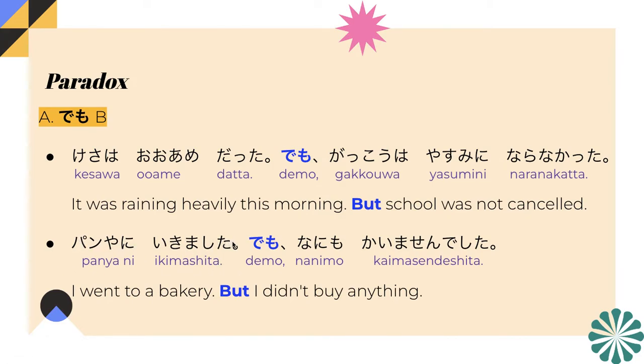But でも何も買いませんでした。Statement B, I didn't buy anything. So でも in these two sentences are pretty similar. The way they function are pretty similar. Something happened in A, but this happened in B.